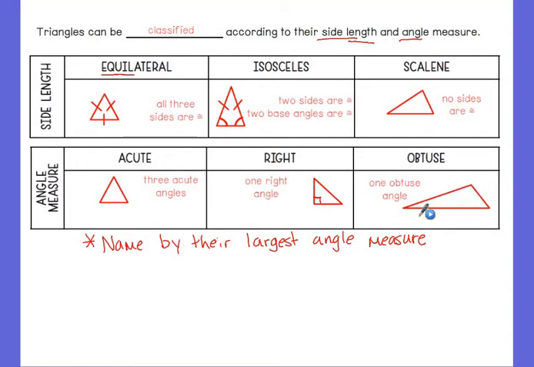It's named by the largest one. I had acute and obtuse. The largest thing I listed was obtuse, so this is an obtuse triangle. Same thing here. Acute, right. The largest one I listed was a right, so this is a right triangle. Here, none of them get bigger than an acute angle, so all three are acute.